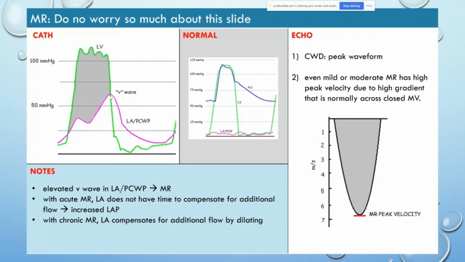Now, when a person has acute mitral regurgitation, the left atrium does not have enough time to squeeze out all the blood that's coming back. So that's going to cause an increase in the left atrial pressure. So the LA, as in the left atrium, is going to try to compensate for the additional flow by dilating, meaning getting bigger. And over time, dilation is going to help prevent the left atrial pressure from rising.